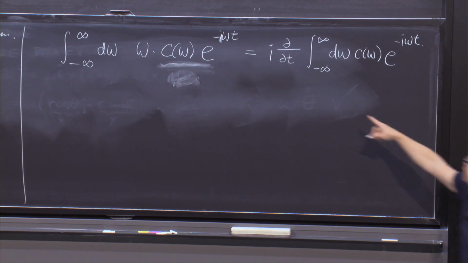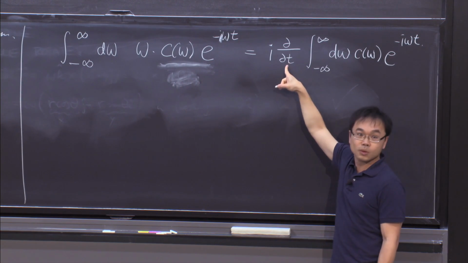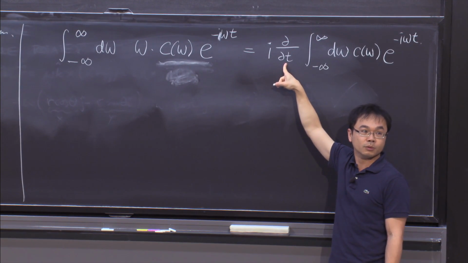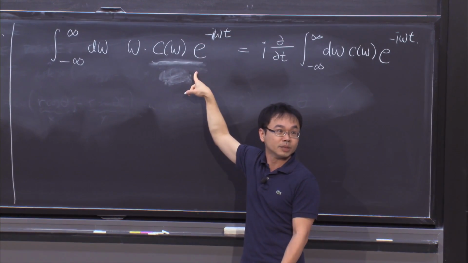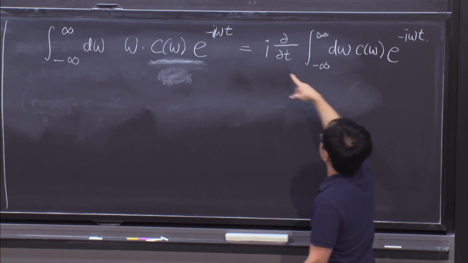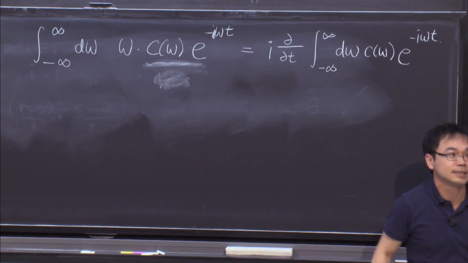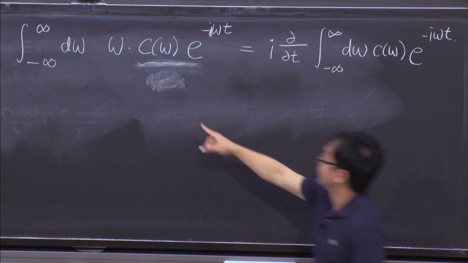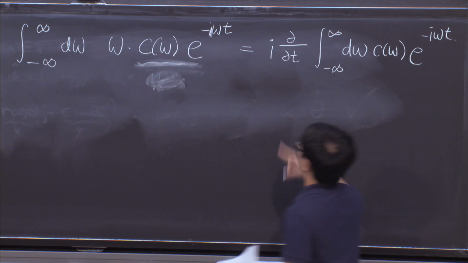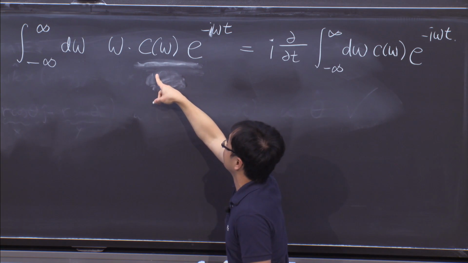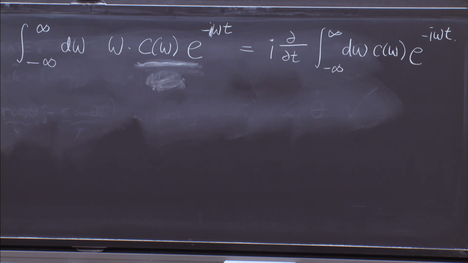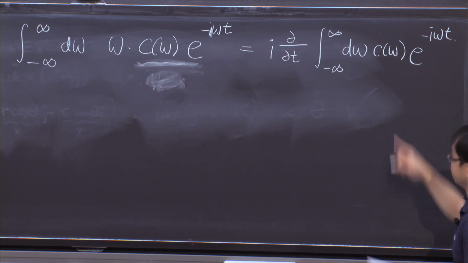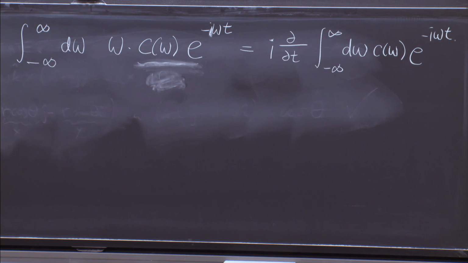If I do a partial derivative with respect to t, then I take minus i omega out of this exponential function, and the minus i becomes 1 with the i in front. Therefore, this integral which I constructed is equal to i partial t of this function.